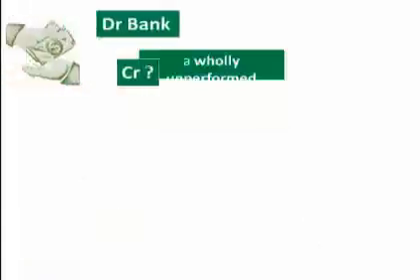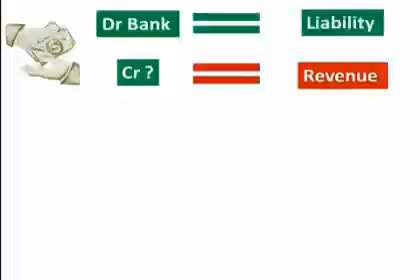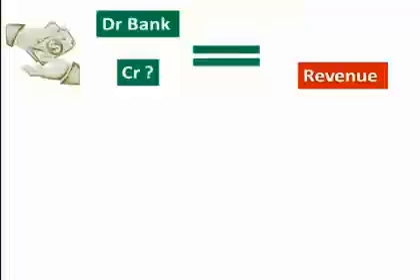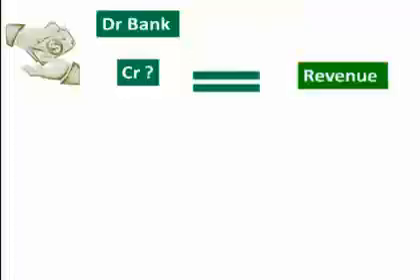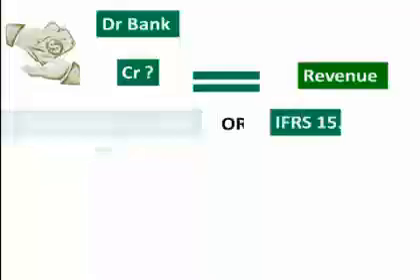When consideration is received from a customer and the 5 criteria for recognition of the contract have not been met, what should the credit leg of the journal entry be recognized as? An entity shall recognize this consideration received from a customer as a liability. It shall only be recognized as revenue when the 5 recognition criteria are subsequently met, or when one of the following events have occurred.